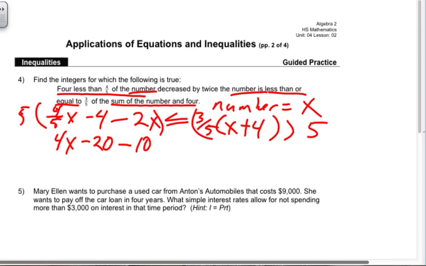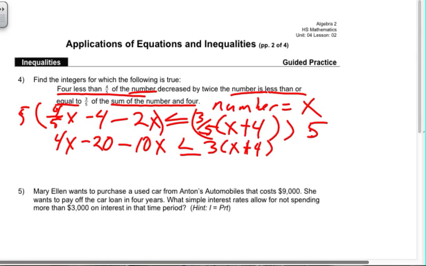It's going to be less than or equal to, and since this is a product of this, 5 times 3 is 15, divided by 5 is going to give me 3 times x plus 4. So now I've cleared out my fractions.